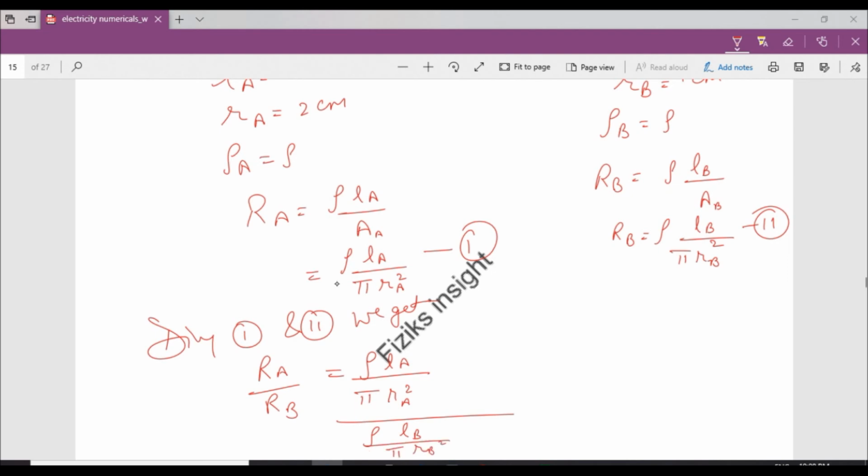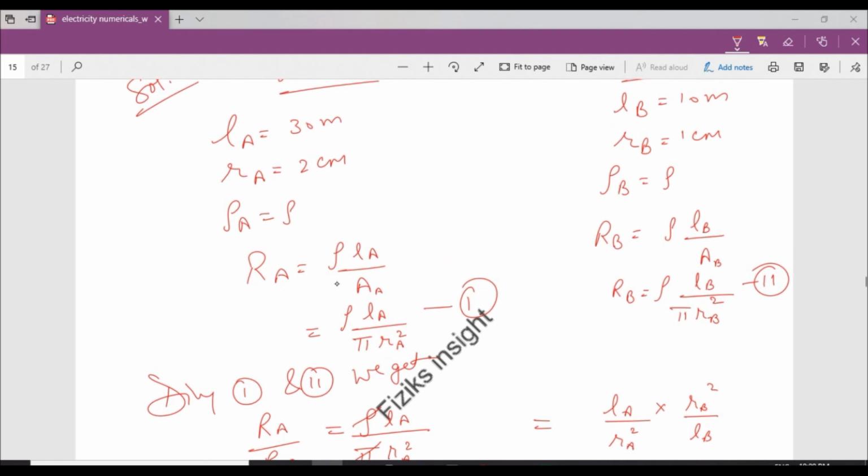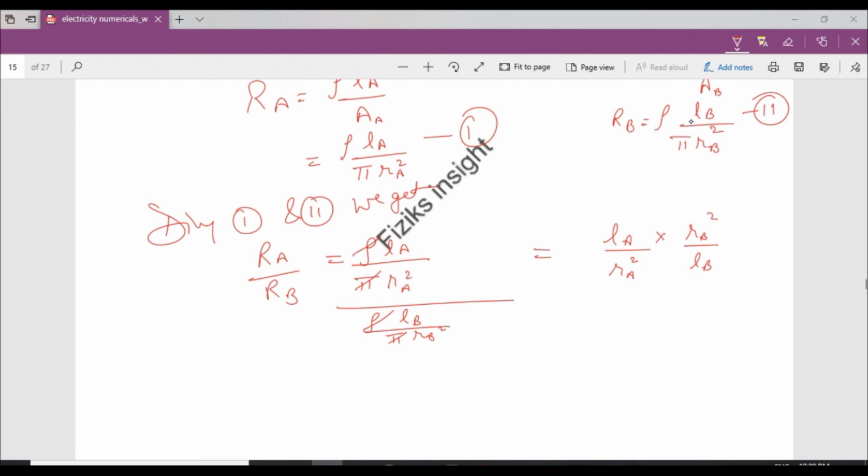Rho cancels with rho, pi cancels with pi. So we are getting LA upon RA square into RB square upon LB. Substituting the values, LA is 30 and LB is 10.